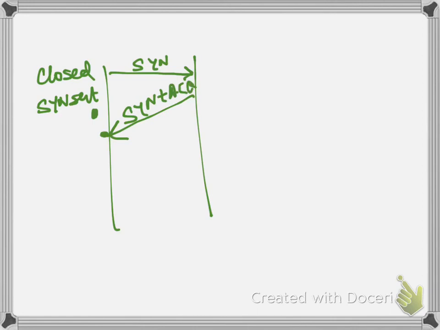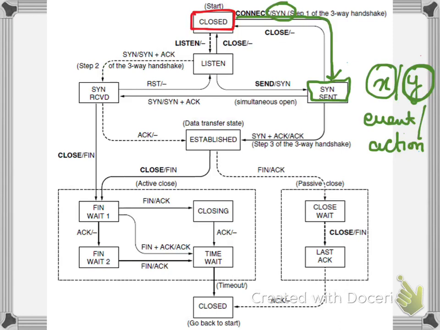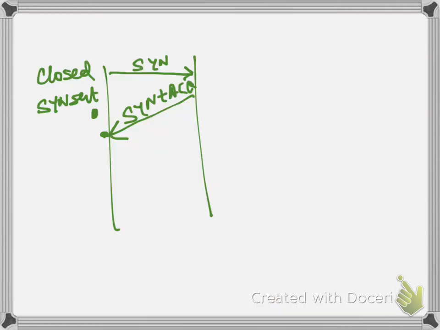So when it receives the sync plus ack from the server, it goes to the established state. At this point the connection is established, and what happens?